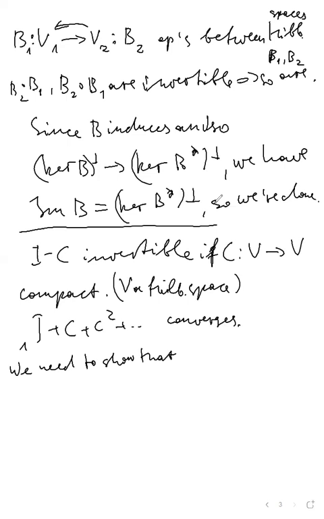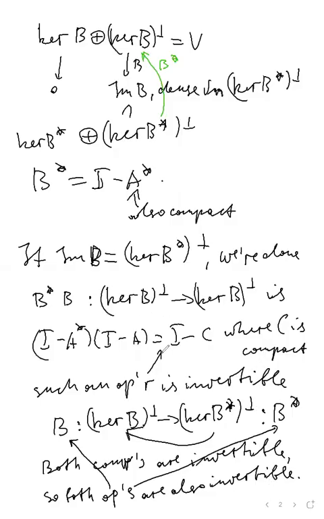In the finite dimensional case, all operators are compact, and on the other hand, not all operators are invertible, which is an inconvenience.